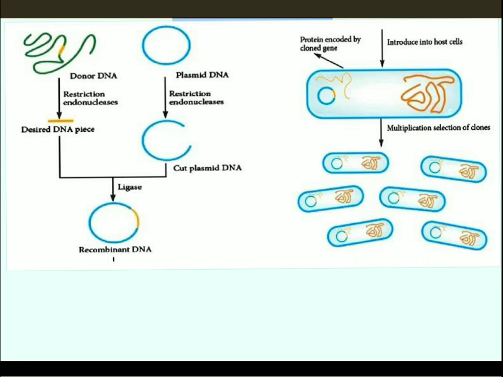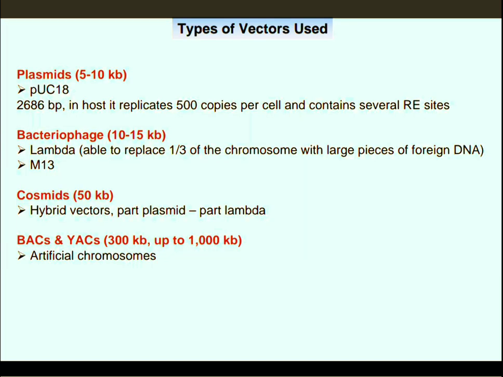In the principle of rDNA technology, today I focus on how it is actually done. There are vectors used. We should have a donor DNA, that is our desired DNA that we want, and the plasmid DNA also.